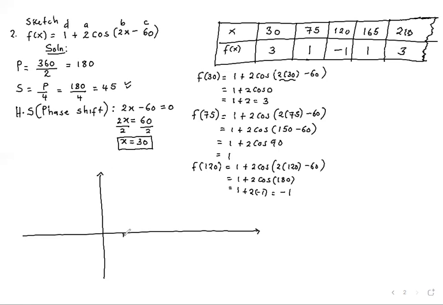We are starting from 30. And then we add 45. Comes 75. Then we add 45, and then we go to 165, and then we go to 210. Then we have 30, 3 here, 75, 1 here, 120, -1 here, and then here, and then here.